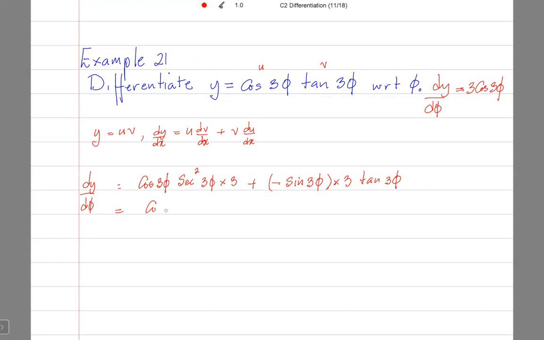And so what we have here is 3 cos 3 phi sec squared 3 phi minus 3 sine 3 phi tan 3 phi. Hope we didn't leave out anything.